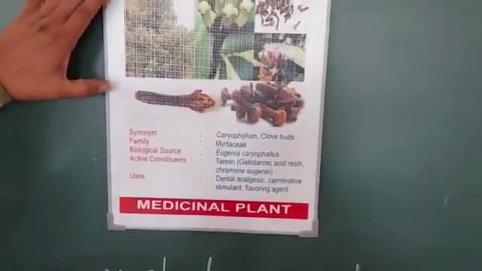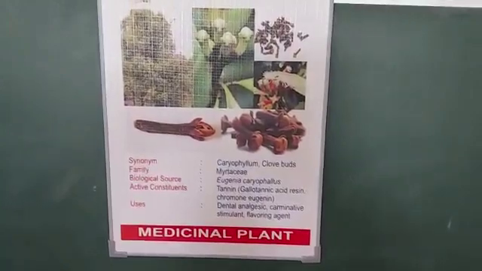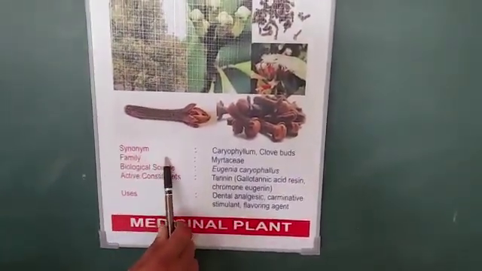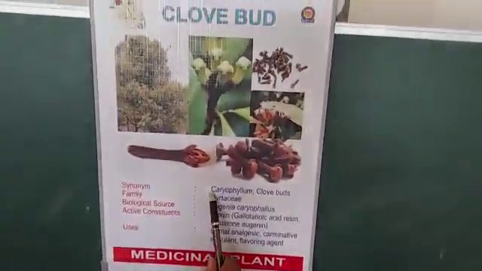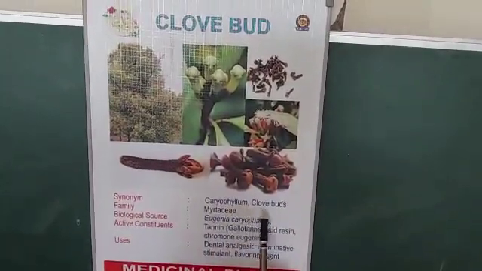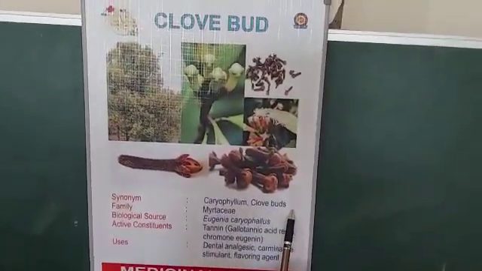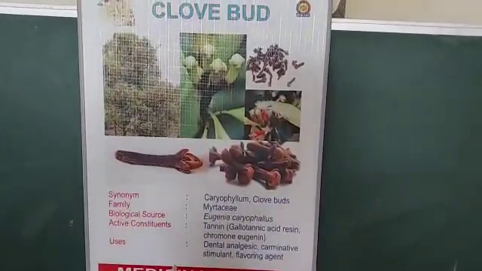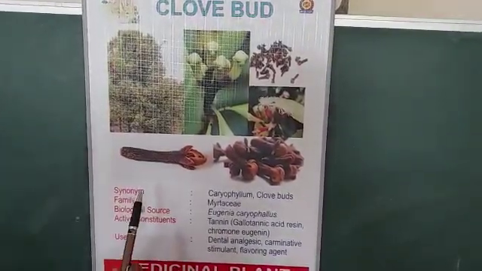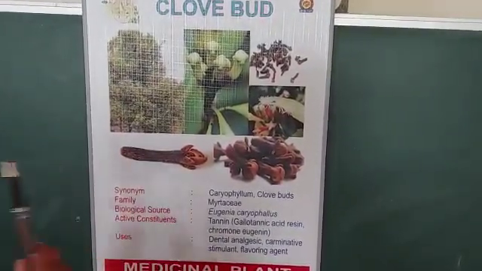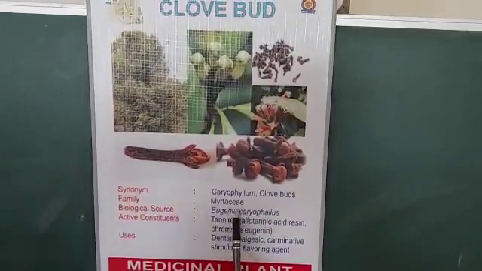Okay. Now coming to the synonyms of clove bud. What are the synonyms of clove buds? It is termed as Caryophyllum or clove buds, that we already know. The drug consists of dried flower buds belonging to the family Myrtaceae.